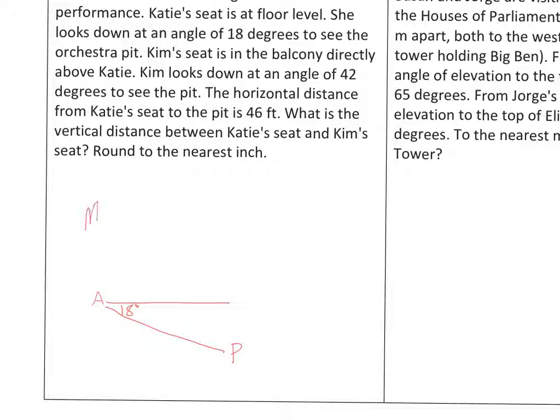Kim, I'm going to call Kim M for Kim, is directly above Katie, so this distance is the same. But Kim looks down at an angle of 42 degrees. The horizontal distance is 46 feet.